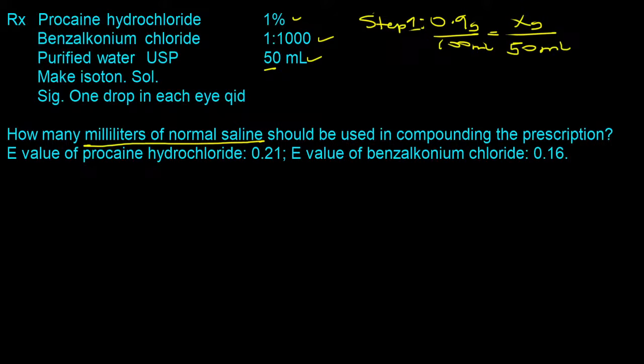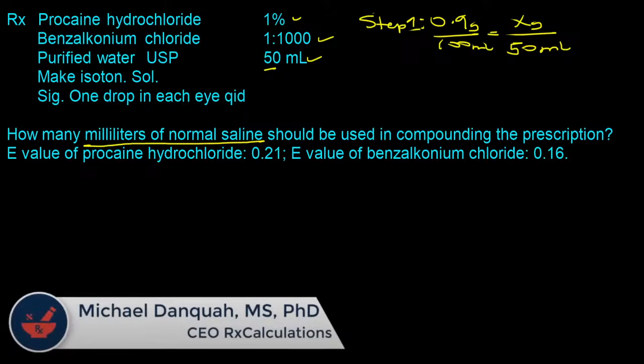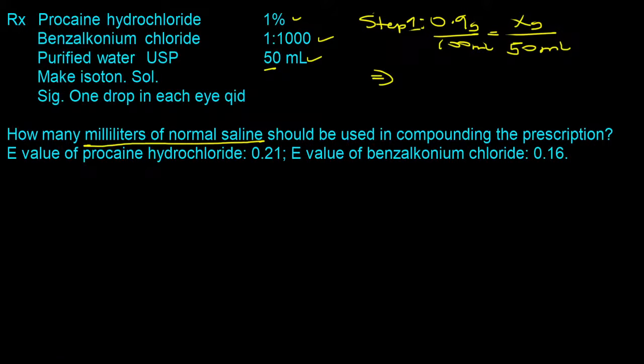Now, once again, the reason we are doing this is because 0.9% sodium chloride solution or normal saline is actually isotonic. All right. So with that ratio in mind, it means that we can scale down or enlarge the amount of sodium chloride that is needed for any volume. And that's the whole idea here. So we can go ahead and solve for X, which is the unknown.